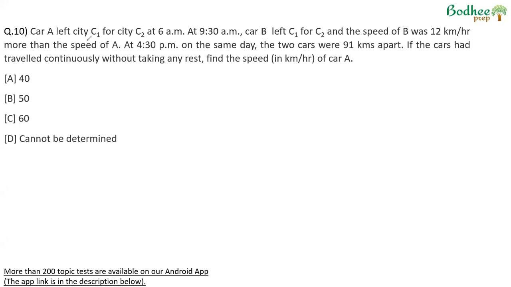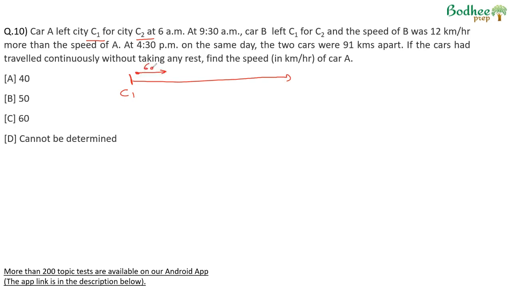Car A left city C1 for city C2 at 6 a.m. At 9:30 a.m., car B left city C1 for city C2 at a speed 12 kilometers per hour more than the speed of A. At 4:30 on the same day, the two cars are 91 kilometers apart. So both are leaving C1.